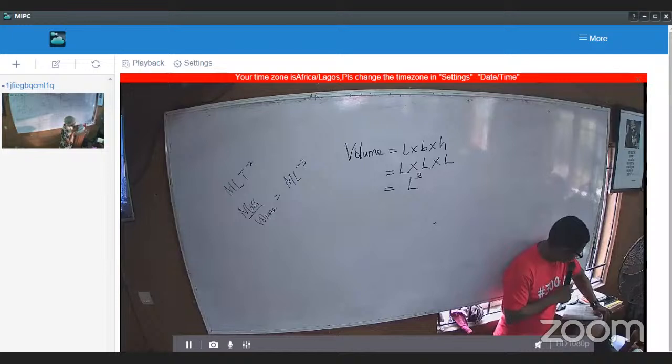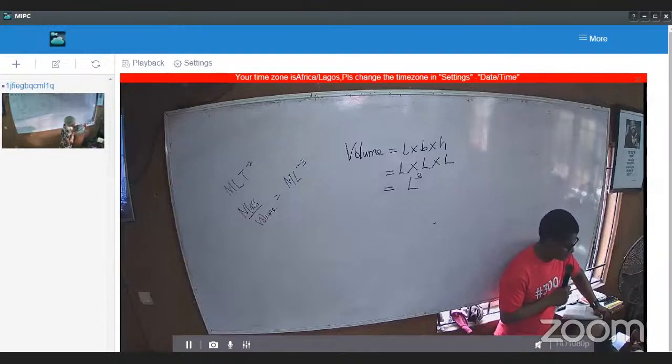Option A, speed, mass, and distance. Option B, velocity, mass, and temperature.